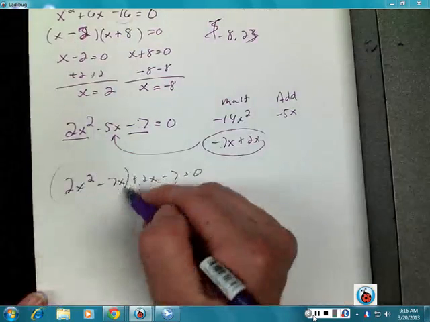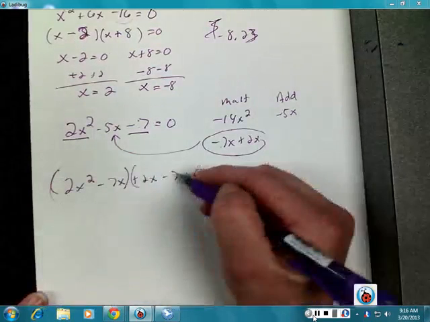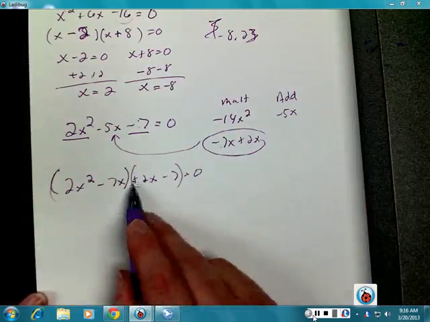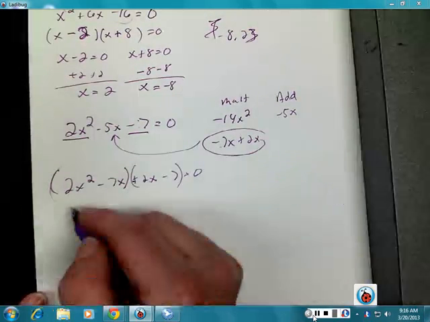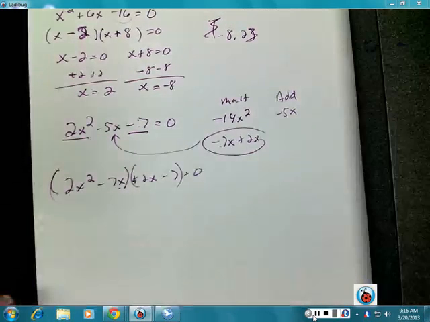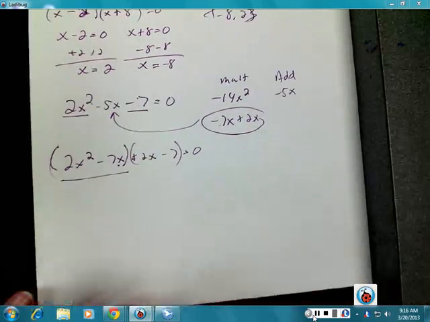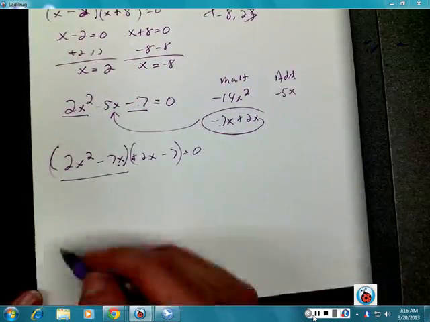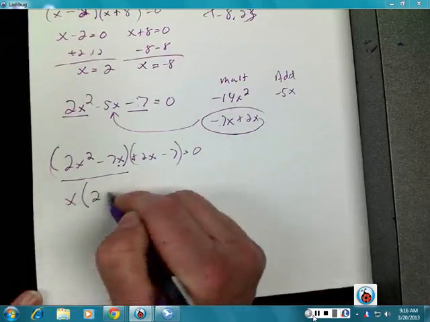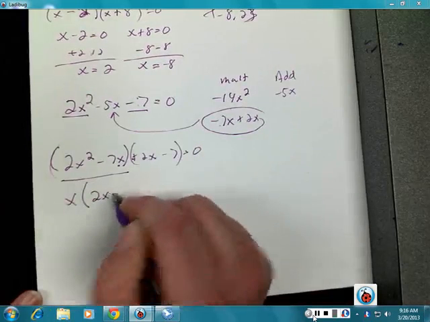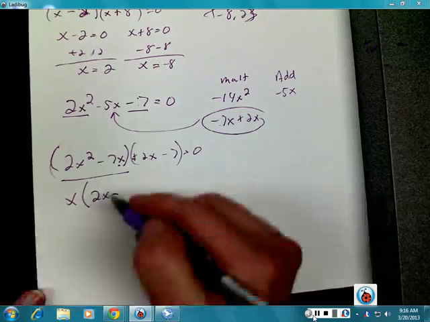Use my grouping stuff that we did way back when too. Again, make sure you put that plus with the 2x in there because that helps you out. What can I pull out of the first piece? So I'm going to factor what I can out of here. So what comes out of there? An x, leaving me with 2x minus 7.